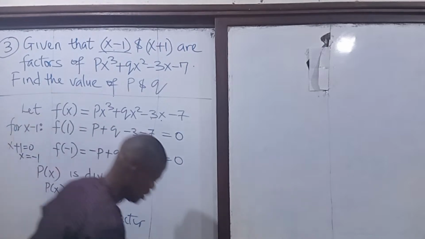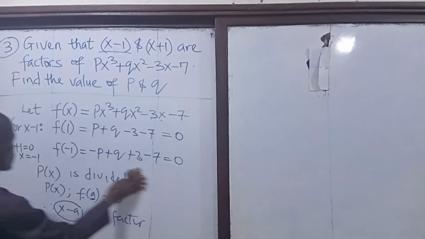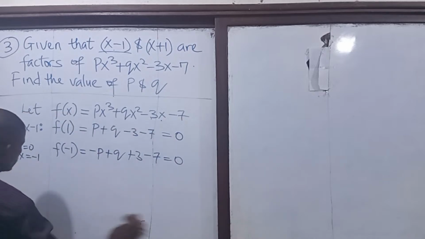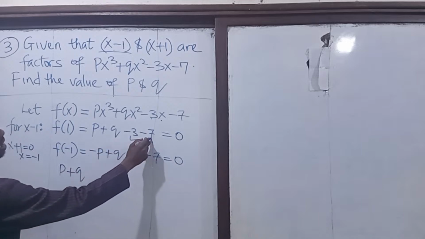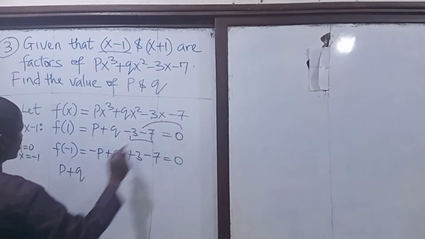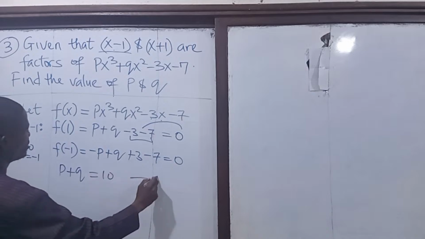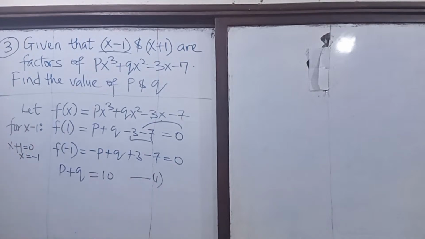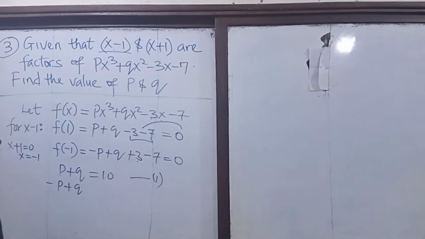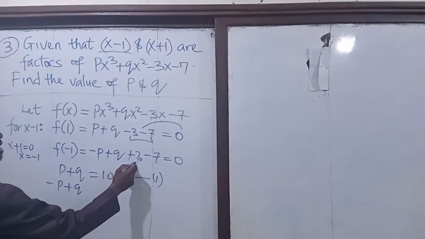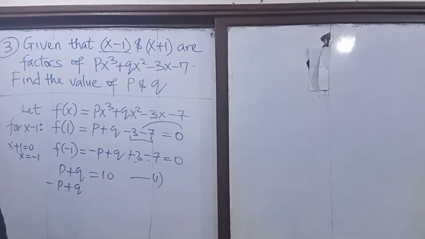The second equation, we've gotten the two equations. The first one, p plus q, these two will be a minus 10, shift it to the other side. Equation 1. The second one, minus p plus q, minus 3 plus 3 minus 7, that's minus 4.